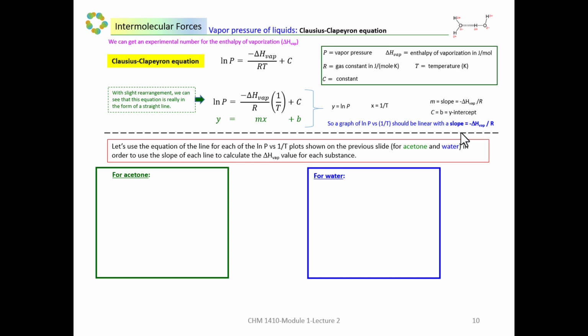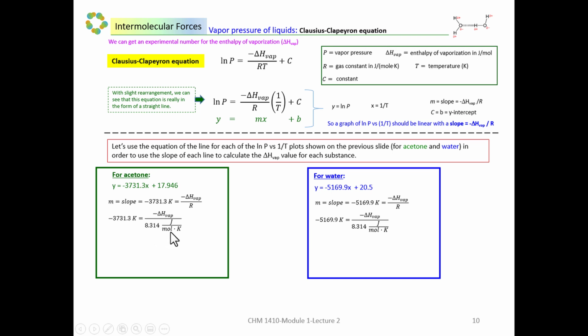So what I have here are two boxes: on the left acetone, on the right water. And these are the equations of the line that we obtained on the previous slide. So for acetone, the slope of that line was minus 3731.3 K. So I've written that here, and we recall that the slope is equal to minus delta H of vaporization over R. So what I'm simply going to do here is algebraically solve for delta H of vaporization. We put in our number for R, 8.314 joules per mole per K. We're going to cross multiply here.